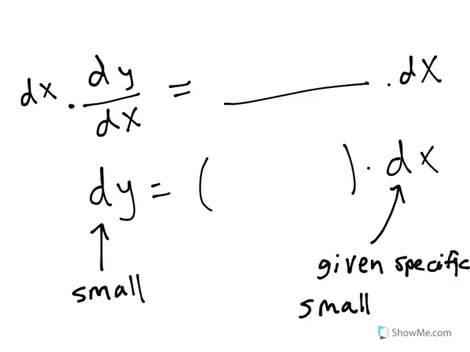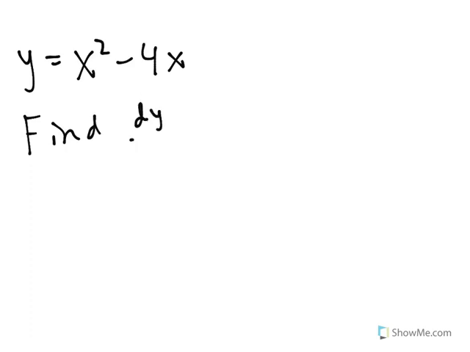So again, not a lot new, just one or two extra steps added to stuff we've already done in the past. Let's look at an example to start out. We're going to have y equals x squared minus 4x. And instead of saying find dy dx, which has been the direction for a long time now, find the derivative basically, I'm going to modify it just a little bit.